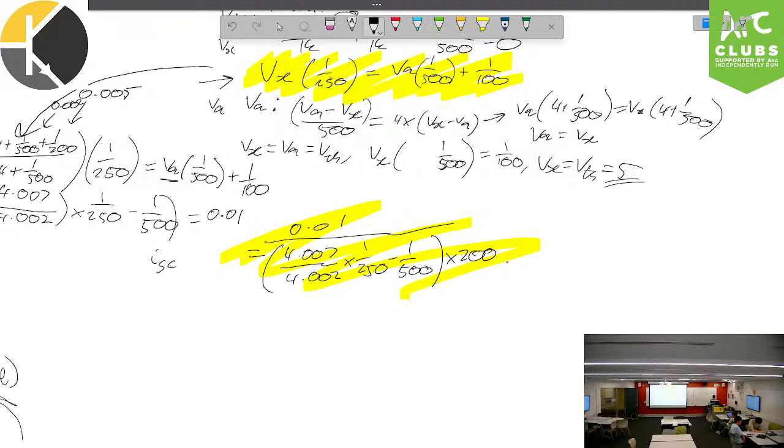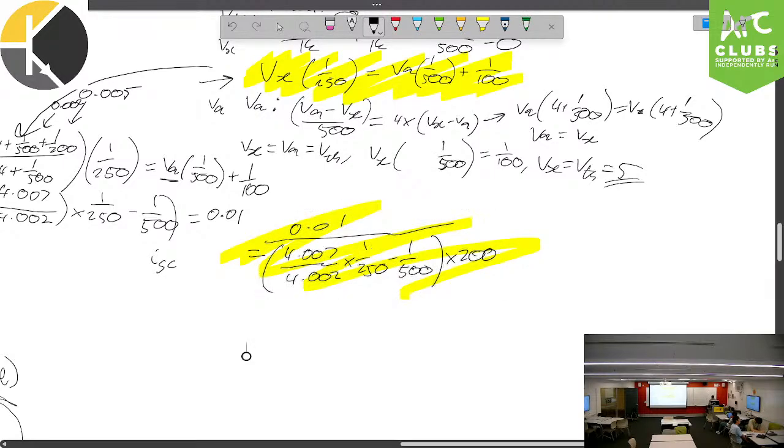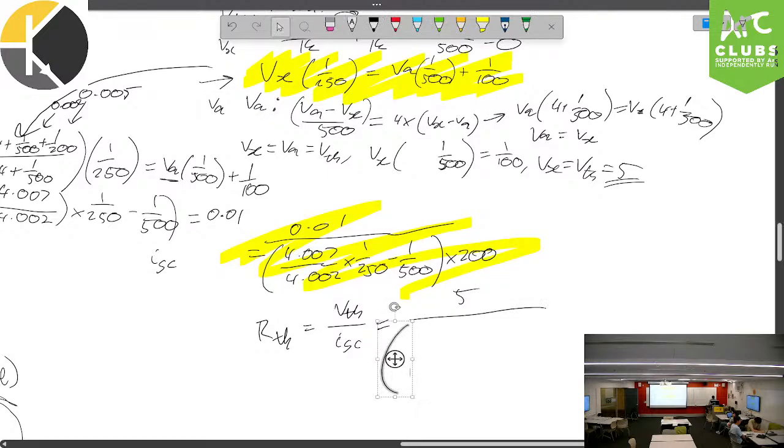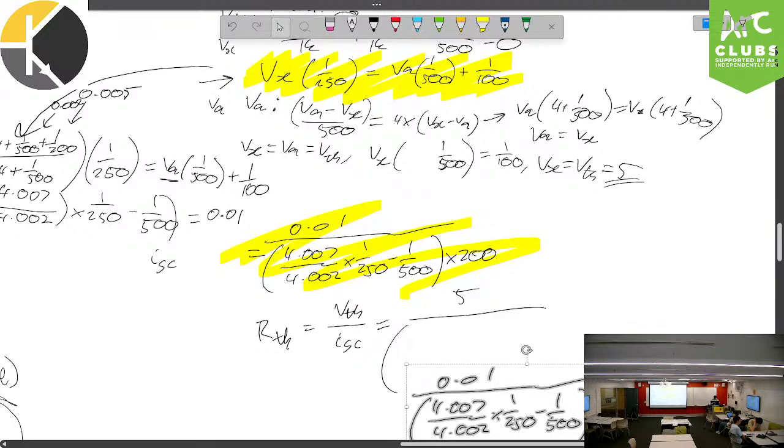So let's actually just take all this. Wow, it didn't even interact. Good laptop, I swear. All right, so we say R Thevenin equals V Thevenin on I short circuit equals 5 over, and then paste in what we had there.